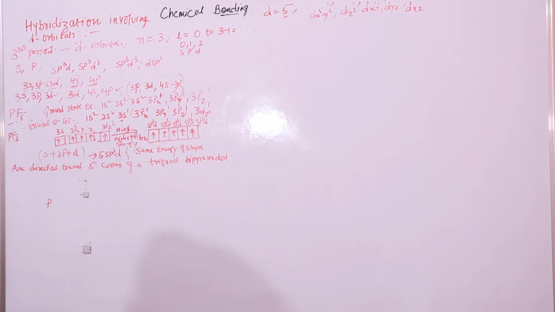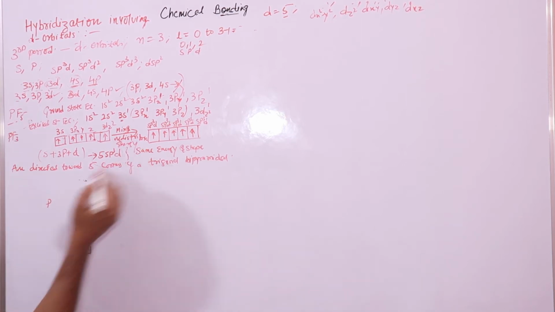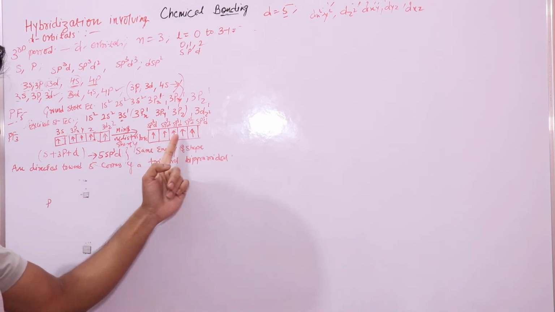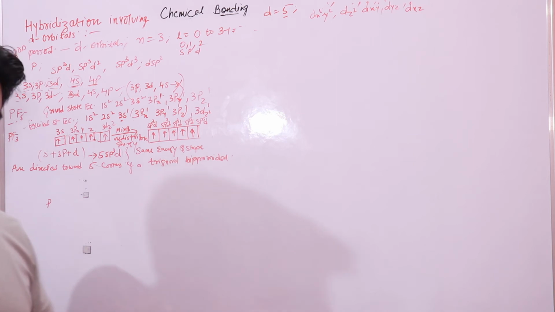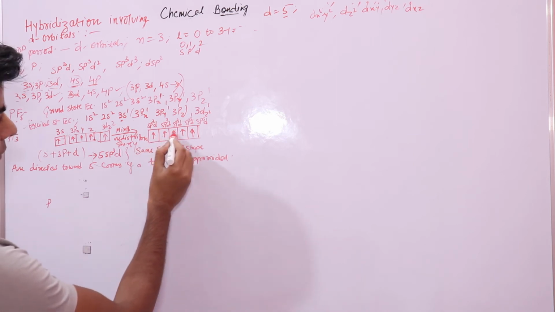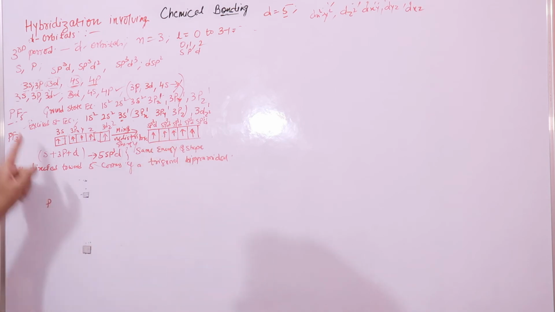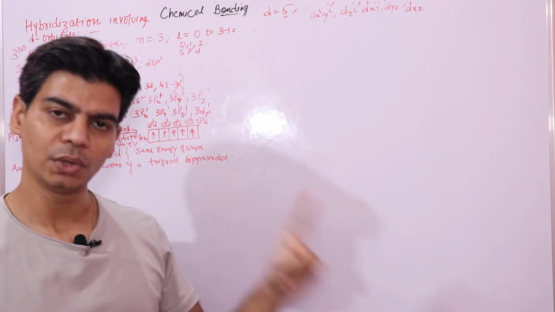Here is your phosphorus atom, and you have 5 fluorine atoms. You have these 5 sp3d hybrid orbitals, and each of these 5 sp3d hybrid orbitals will overlap with the pz orbital of a fluorine atom.